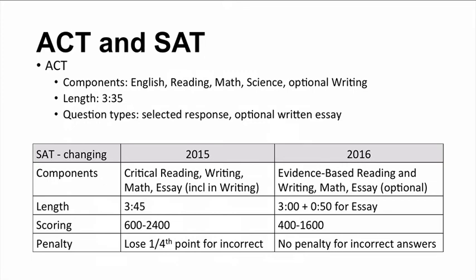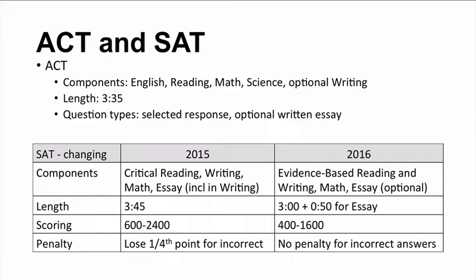The SAT is changing alongside the PSAT. This last year in 2015, we had critical reading, writing, math, and an essay, a full written essay that was included in the writing summation. It was 3 hours, 45 minutes on a scale of 2,400, and students lost 1/4 point for incorrect answers.